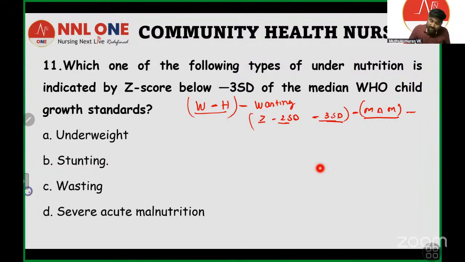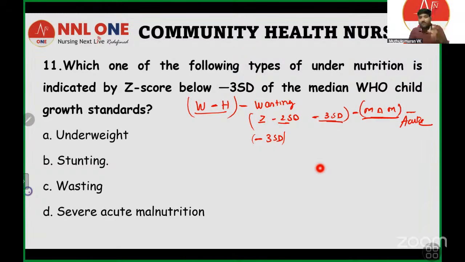That is the advanced level of question that is possible in your exam. When we talk about minus 2 SD to minus 3 SD, it is moderate acute malnutrition. So that is acute always. I am talking about weight for height; they will give wasting or weight for height, that is the keyword. Weight for age is different, height for age is different.